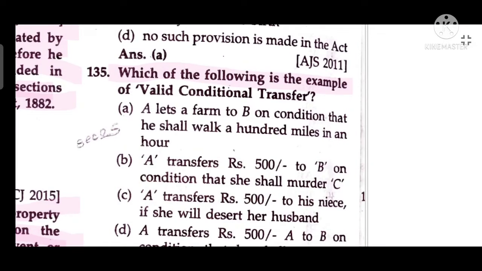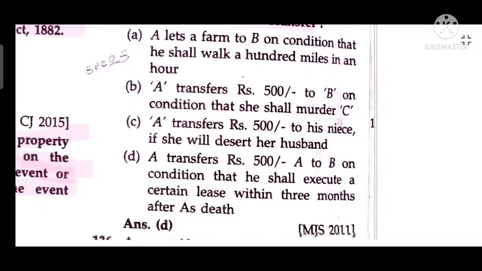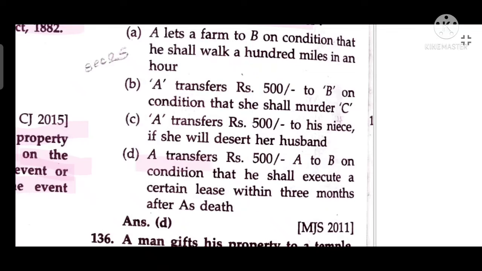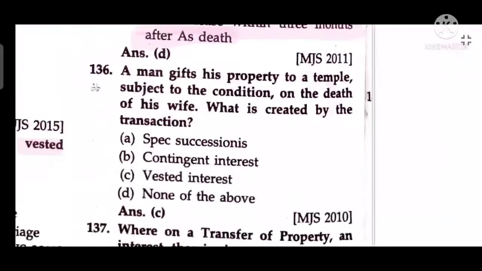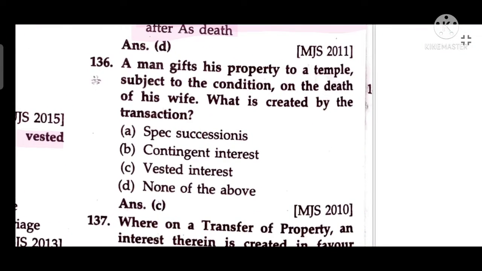Which one of the following is an example of valid conditional transfer? A transfer of rupees 500 by A to B on the condition that he shall execute a certain lease within 3 months after A's death. A man gifts his property to a temple subject to the condition of the death of his wife.